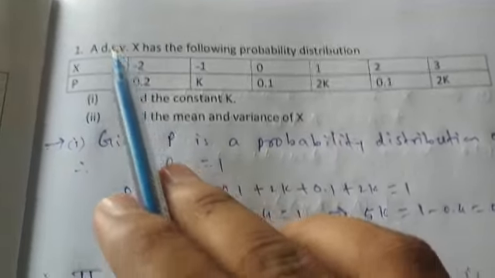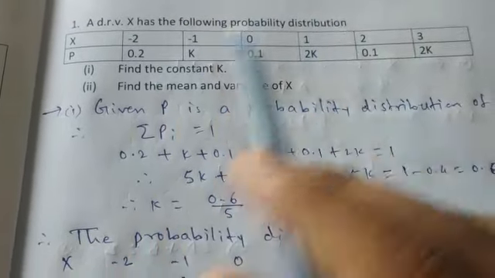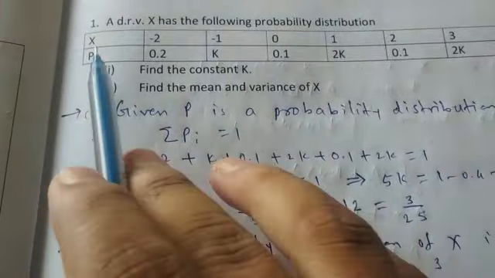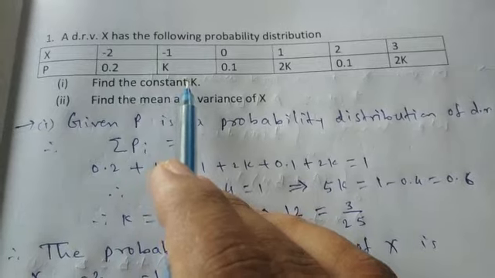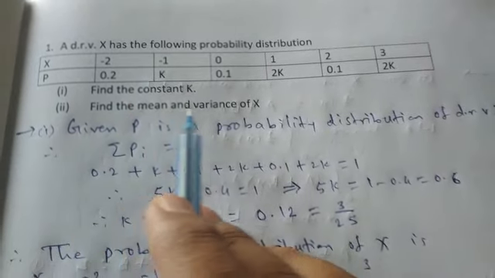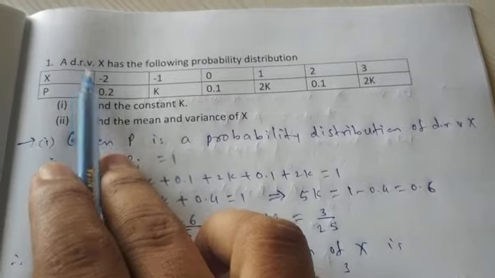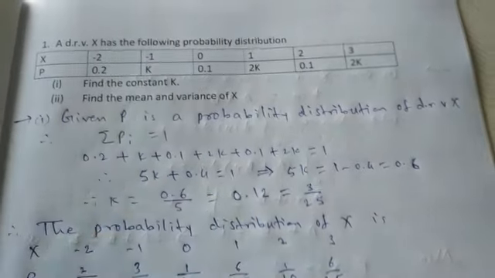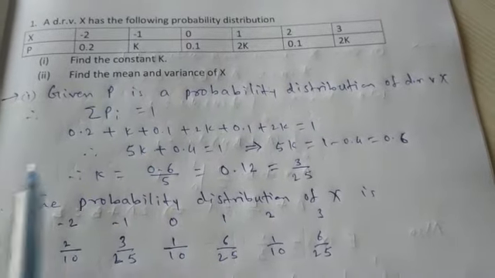So the first example is: a discrete random variable x has the following probability distribution. The values of x and corresponding probabilities are given. Find the constant k, and find the mean and variance of x. Given x is a DRV with probability distribution p, we know that summation of pi equals 1.